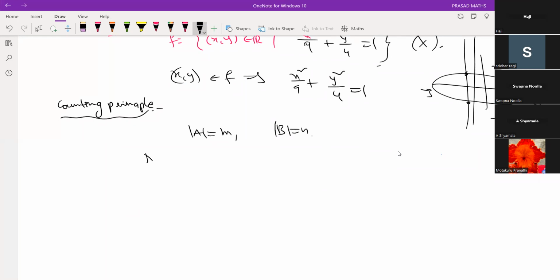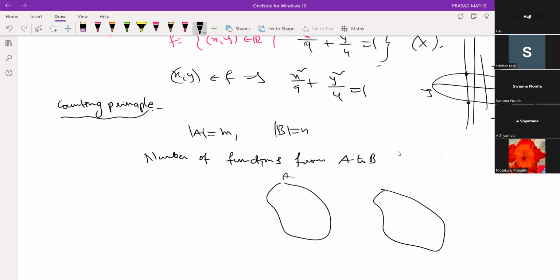Now my question is the number of functions from A to B. The order of B power order of A. What is the total number of functions?